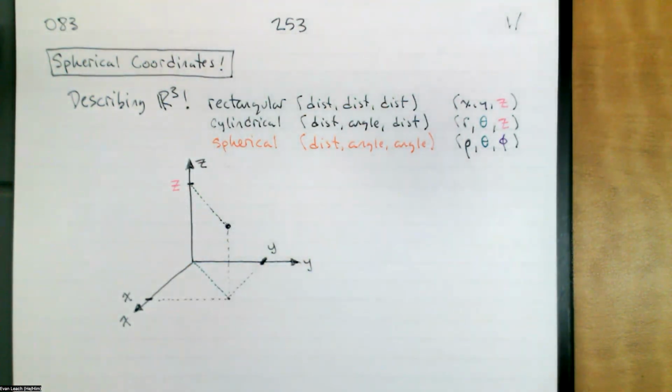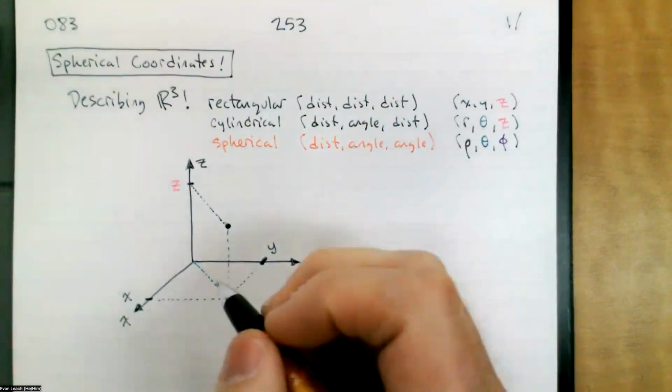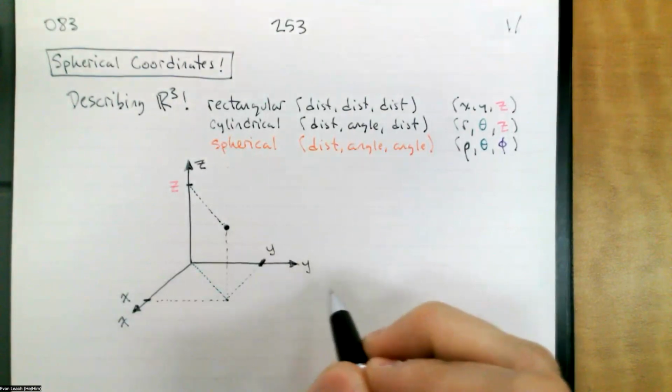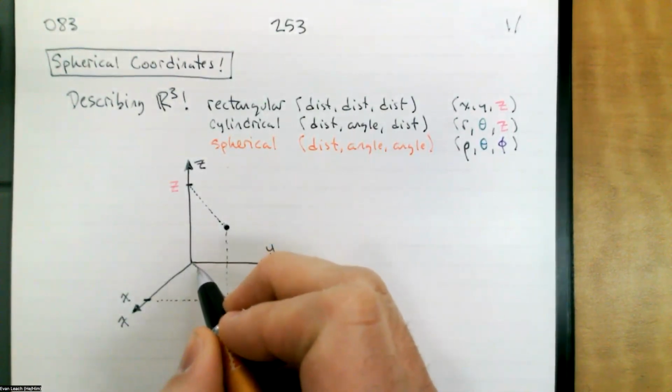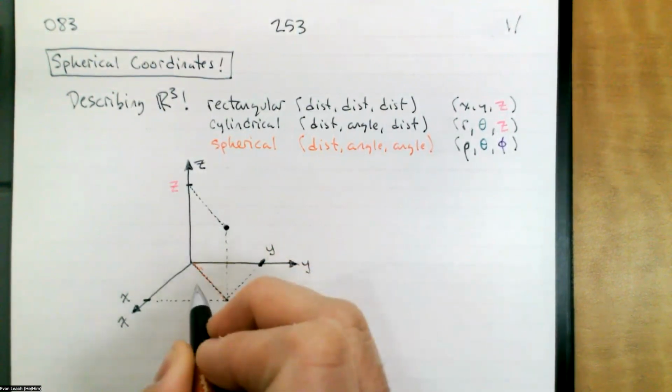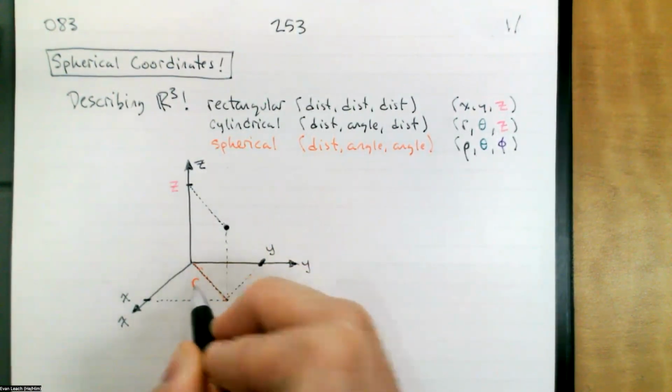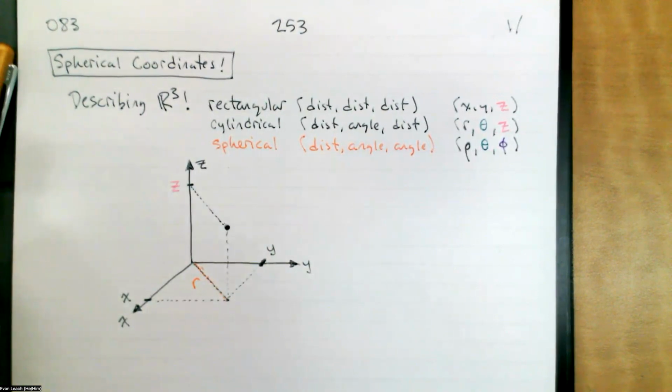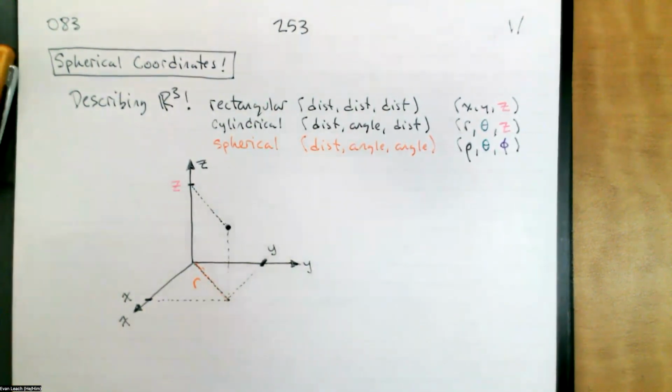For r, theta, and z, r is a distance down here in the xy plane or in the r theta plane. So this distance here is r down here on the floor. The angle theta, I always put the r on the wrong side.